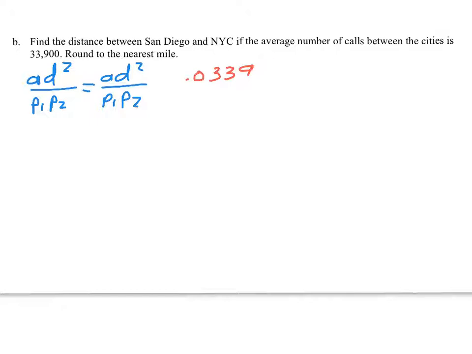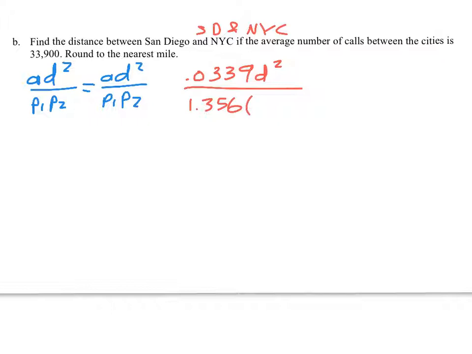We are solving for the distance between them. So we don't get confused, I'm going to make a note that this is San Diego and New York. Okay, the populations. We were given earlier that the population for San Diego is 1.356.